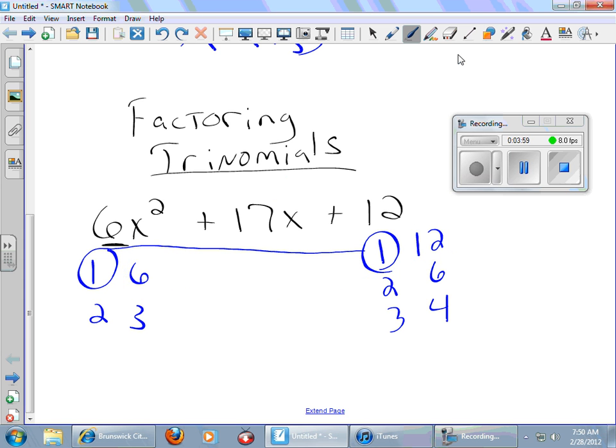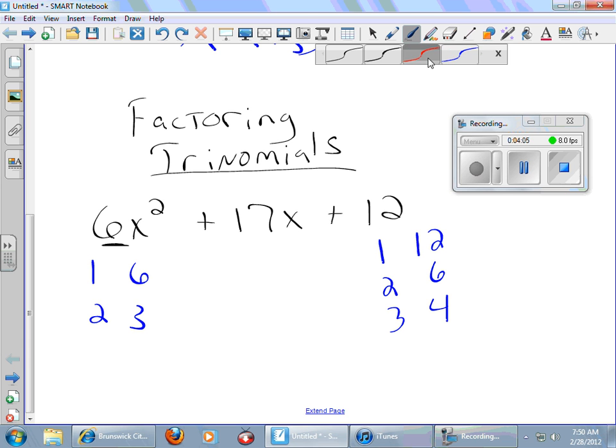So that wouldn't be a very smart thing. Let me back up here. I'm going to look for a way to combine the factors of 12 and 6 through multiplication and then adding their products to get the number 17. I know I'm going to be adding, because remember yesterday I said if this guy is positive, we're adding.